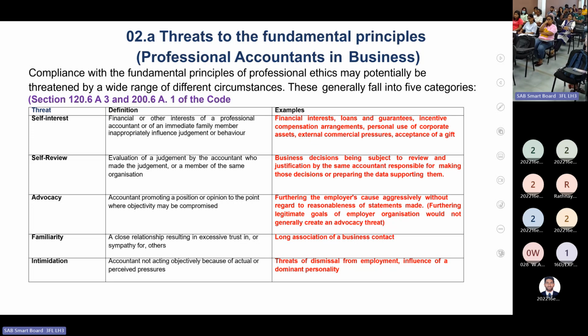Threat of dismissal from employment, influence of a dominant personality, right? So if the president says, I will dismiss you, then people come to work, right? Nowadays the university is also closed because of the non-academic strike, right? So the president is waiting, and at the last point he will tell, if you're not coming to work, I will dismiss you.